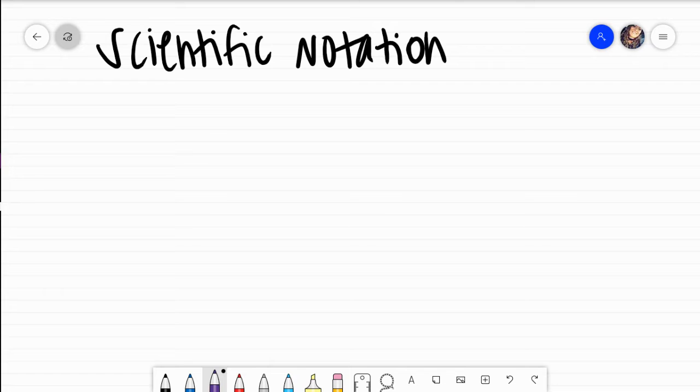The way you're going to see scientific notation is you're going to have a number, then your multiplication symbol, and then the number 10, because these numbers are base 10, and then you're going to have an exponent.